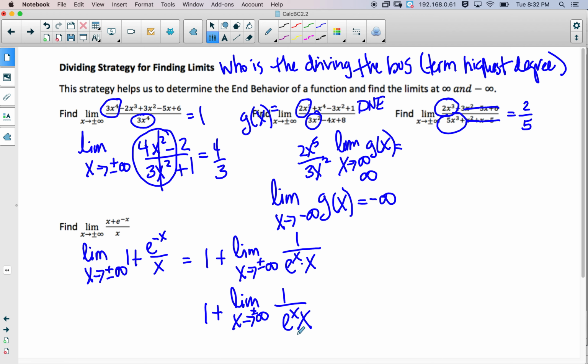So when your denominator outpaces your numerator, this goes to 0. So that equals 1 plus 0, which equals 1. Okay, I made that more complicated than it is. This limit is 1. This limit, when I move this to the denominator, becomes obvious that the denominator is growing faster than the numerator, and therefore this limit is equal to 0.